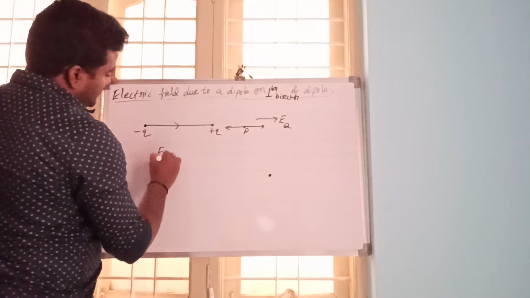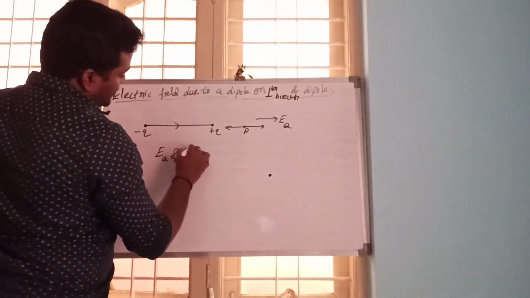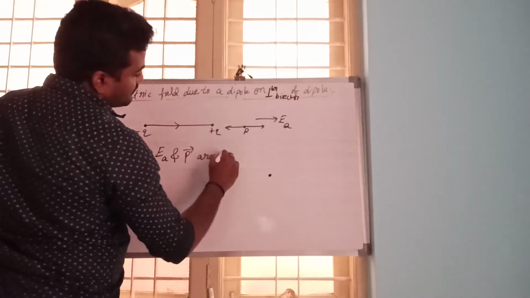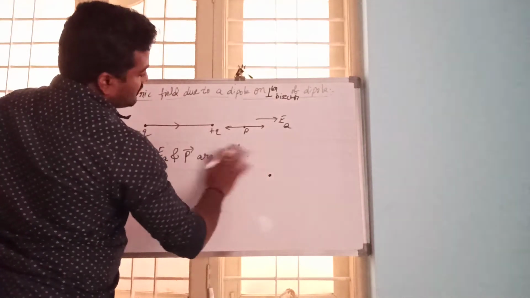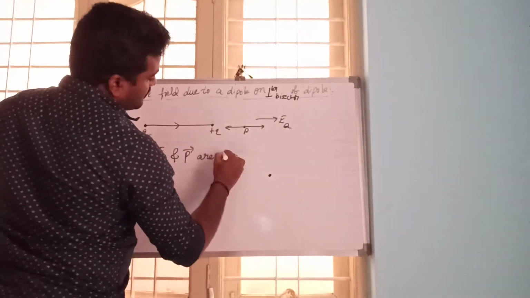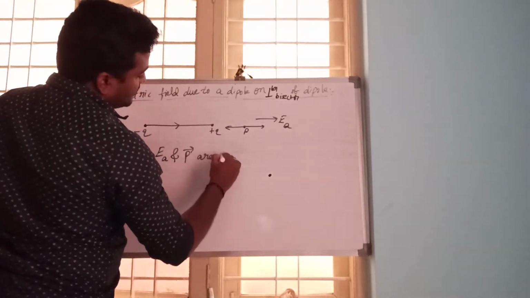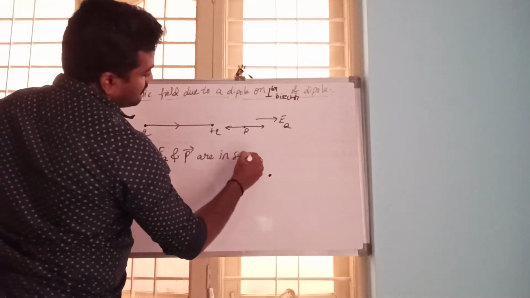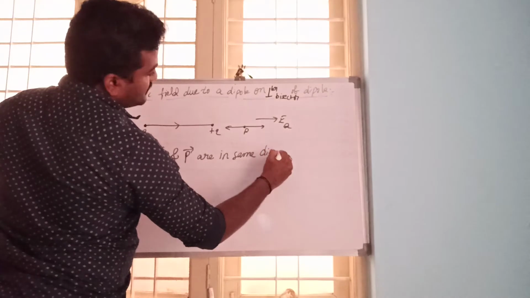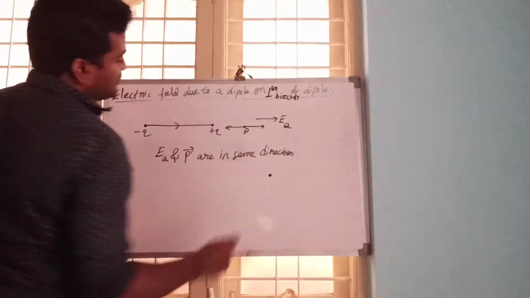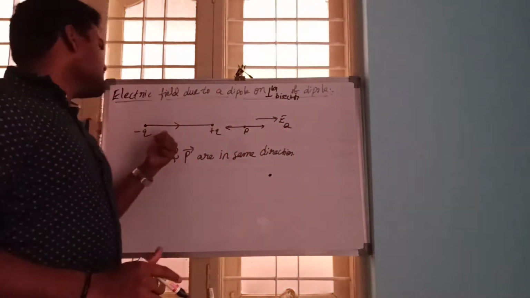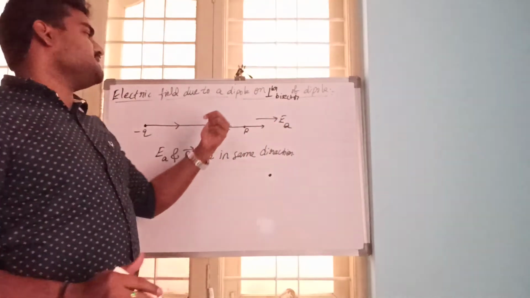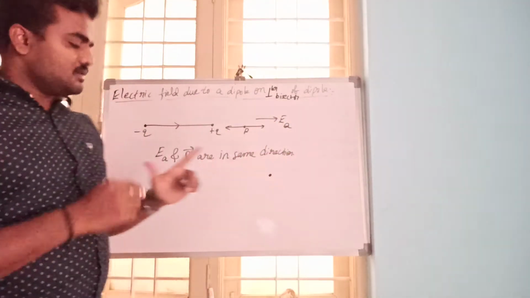Here the E axial and P vector are in the same direction. Here the electric field on the axial line and the dipole moment both are in the same direction.